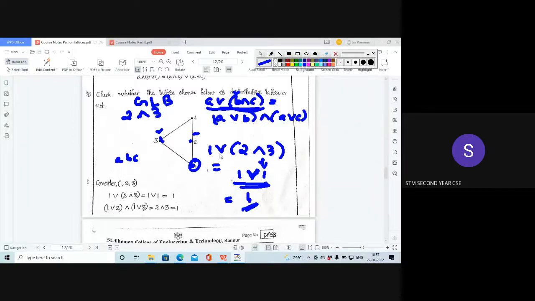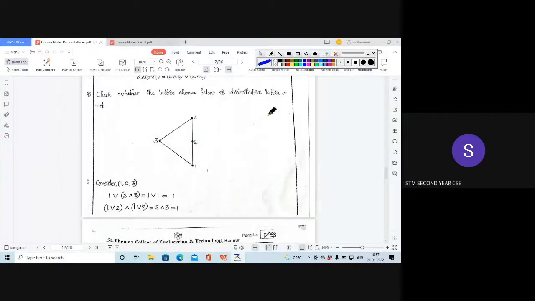Now let us see what the right hand side evaluates to, that is (A or B) and (A or C). A is 1, B is 2. So (1 or 2) and (1 or 3). What is 1 or 2? This is a join, isn't it?